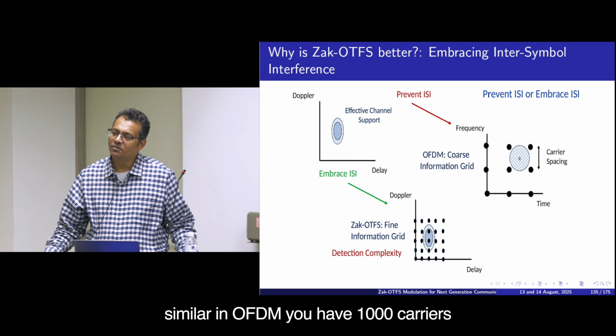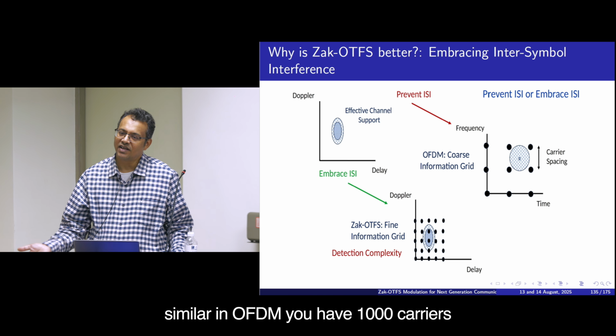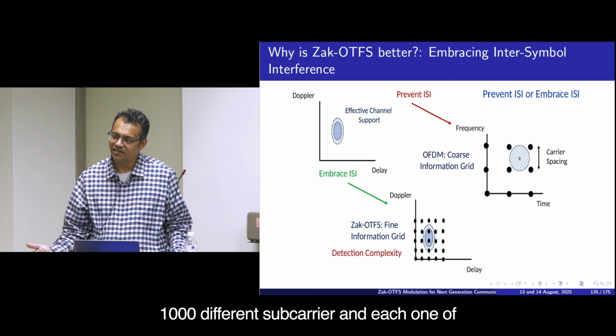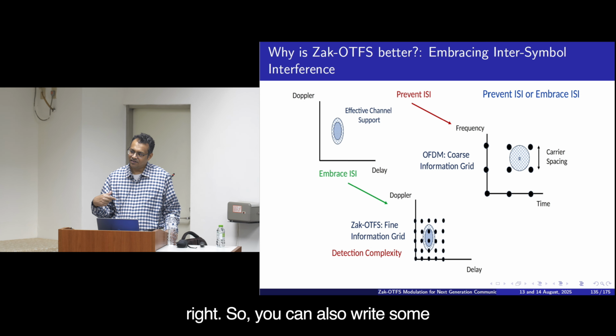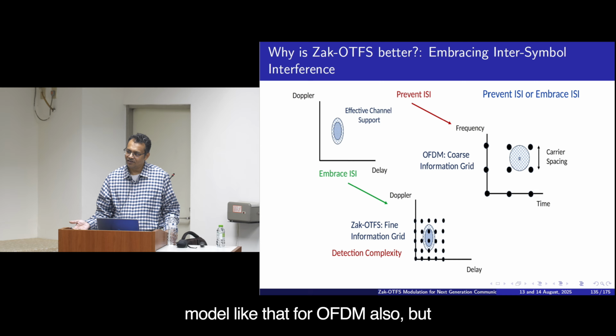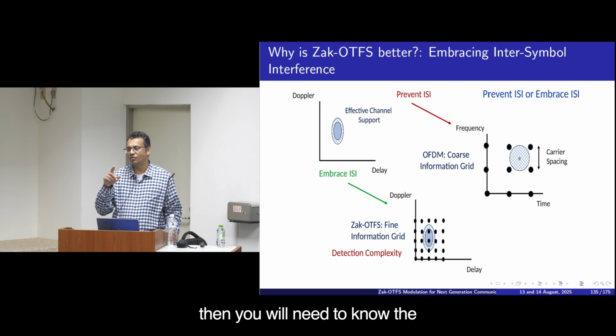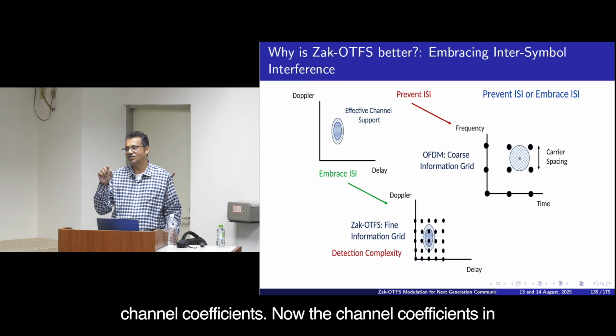You can do something similar in OFDM. You have 1000 different subcarriers, and each one of them is creating interference for the other. So you can also write some model like that for OFDM. But then you will need to know the channel coefficients.